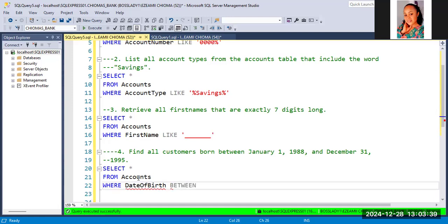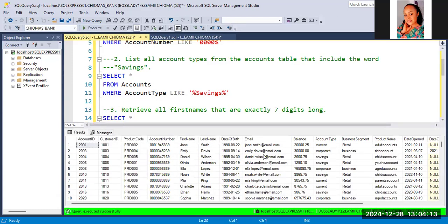between 1988-01-01 and 1995-12-31. So this will filter our data to contain only those customers that were born within this period, right?